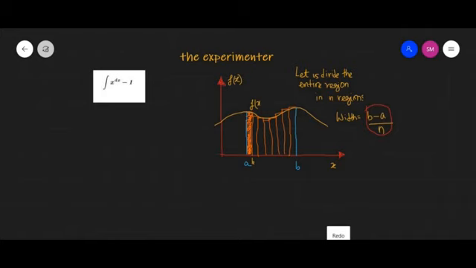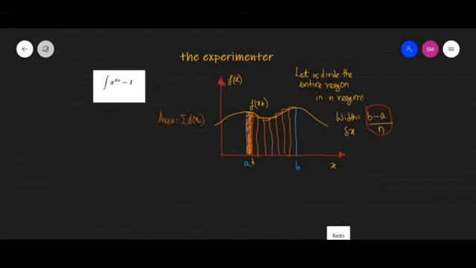Now suppose I ask you to find the area. You might understand that the area under the function from a to b is equal to the sum of the areas of the rectangles. So let us represent that mathematically.